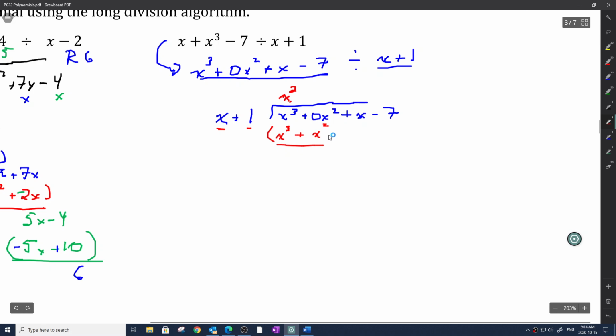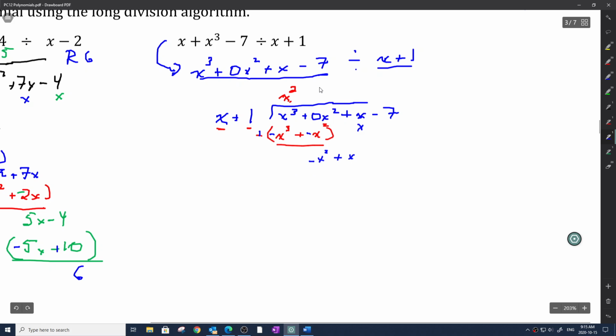I'm going to put that in brackets and then subtract them. Terrible at subtracting, so I'm just going to simply add the negative. Those cancel out. 0x squared minus x squared gives me negative x squared. Carry down the x.